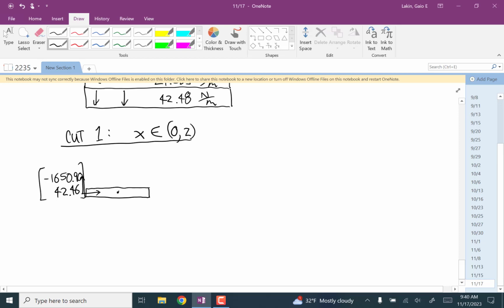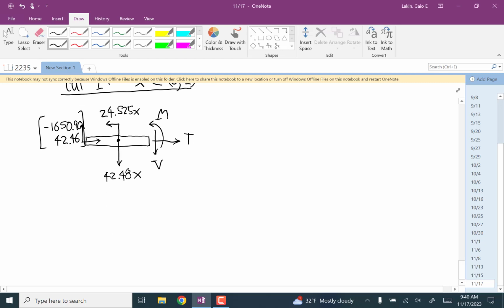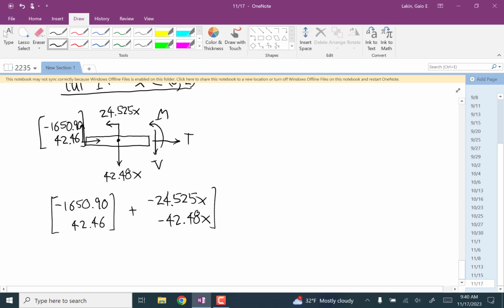Now you can represent that horizontal distributed load as a point force to the left of 24.525x, and the vertical one, 42.48x, and then T, V, M. And so Newton's second law says negative 1650.90, positive 42.46, plus negative 24.525x, negative 42.48x, plus T negative V.